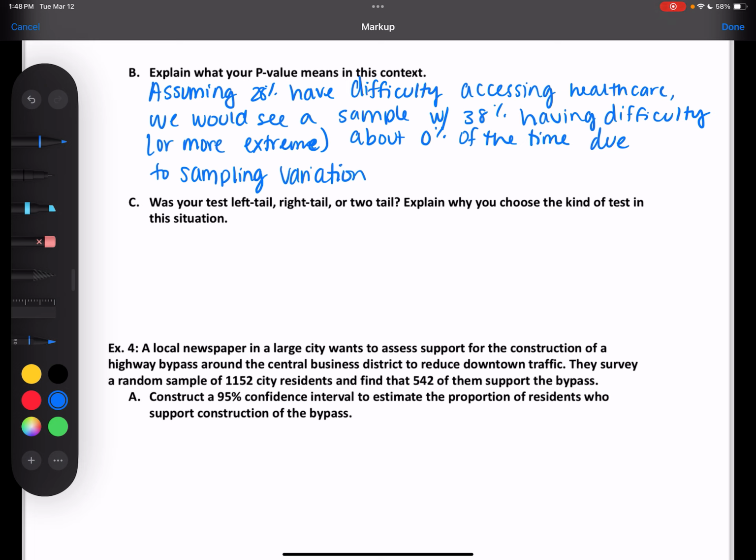And that kind of makes sense because if the normal percentage is 28% and all of a sudden you have 38%, that just seems very off for statistical purposes, without some really crazy outlier type deal.